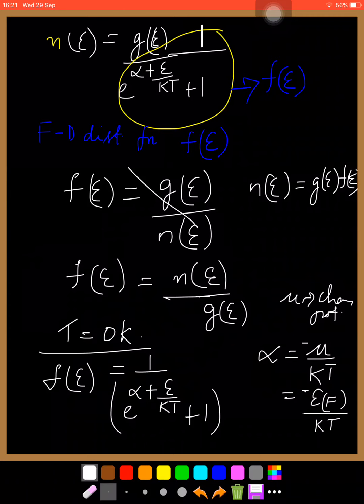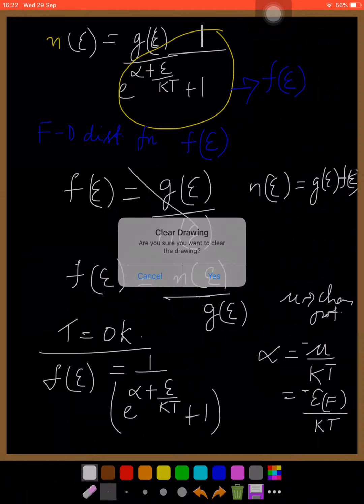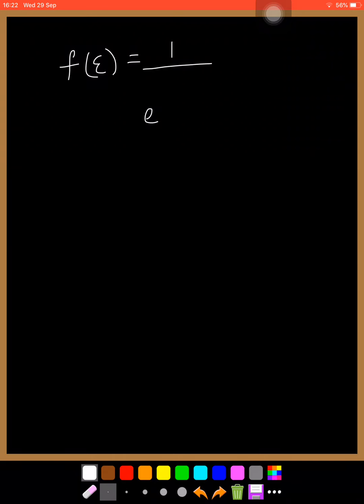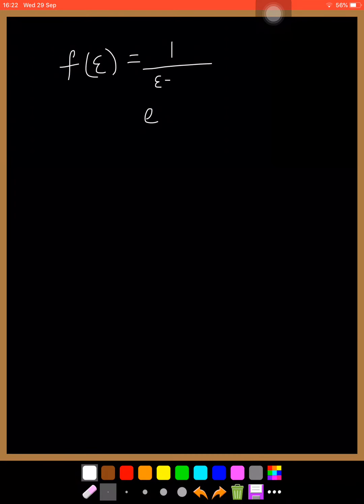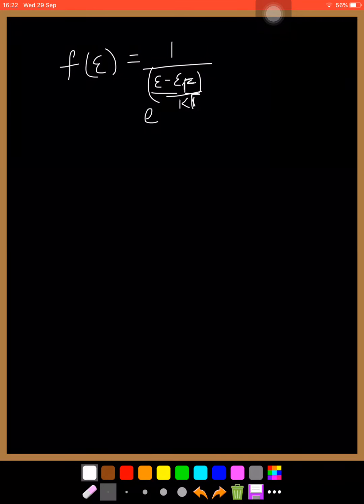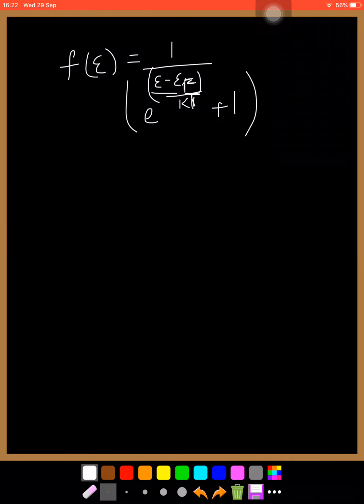So substitute in this equation for Fe. Fe is equal to 1 by e raised to alpha, and alpha is minus EF, so minus EF plus E, that is E minus EF by kT, plus 1.